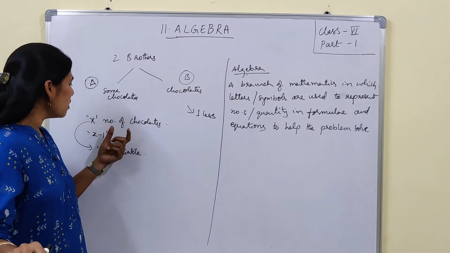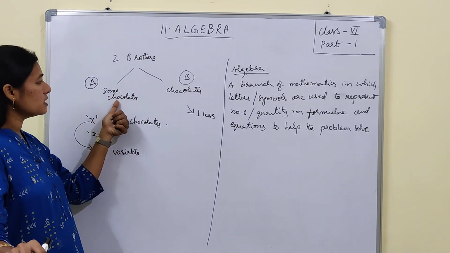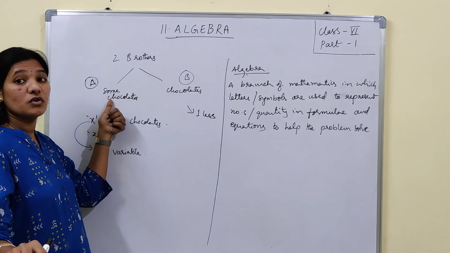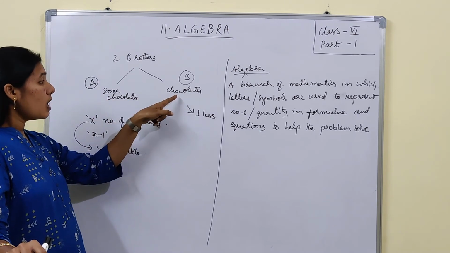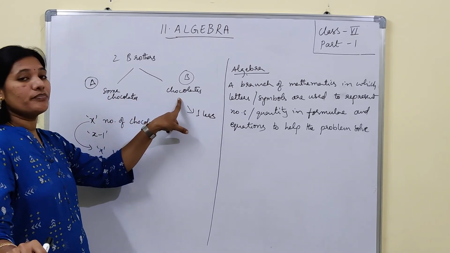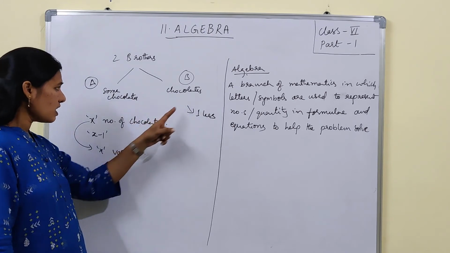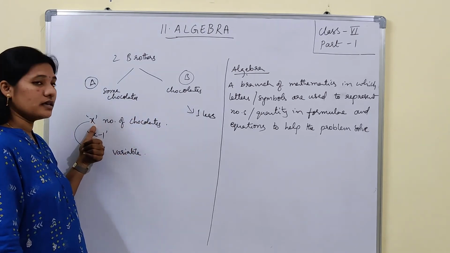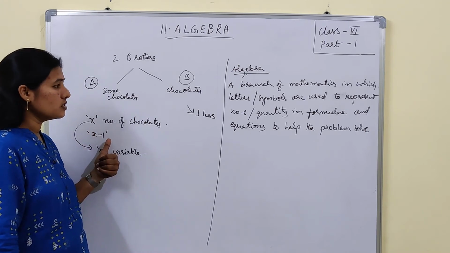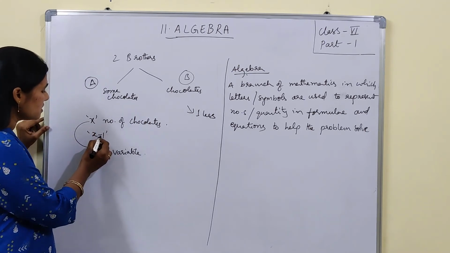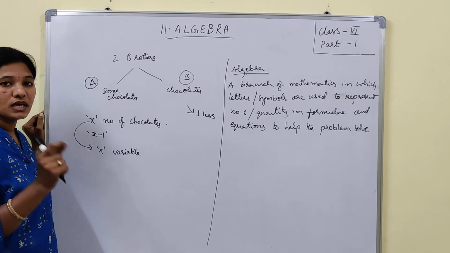Here, x number of chocolates means he has x chocolates, and we represent how many chocolates this B has with the alphabet x and then x minus 1. The symbol we used is minus, because one less is there.